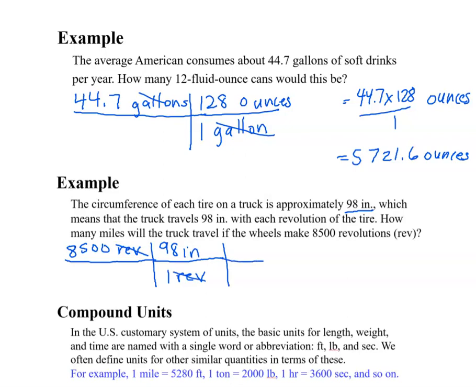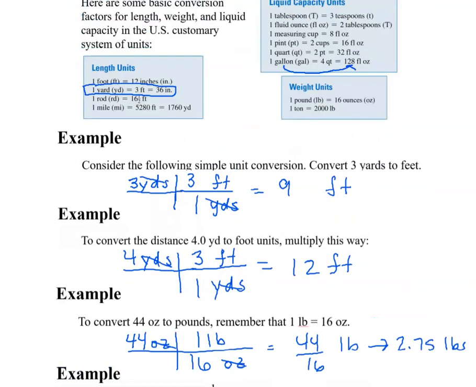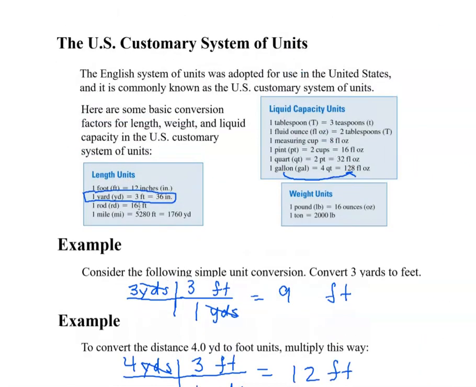Now, I want my answer to end up with how many miles? Okay, so I need something, it would be nice if I had something that had inches and miles. So let's go up here and look and see what we've got. 1 mile. We know that 1 mile is 5,280 feet. I think I can work with that, right? Because I could change feet to inches. I know that conversion.